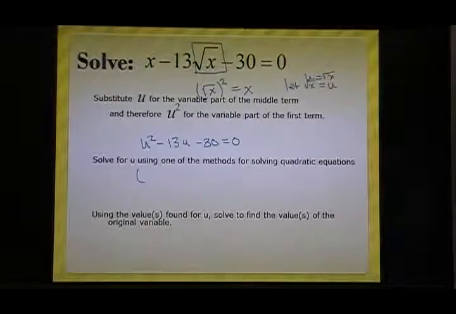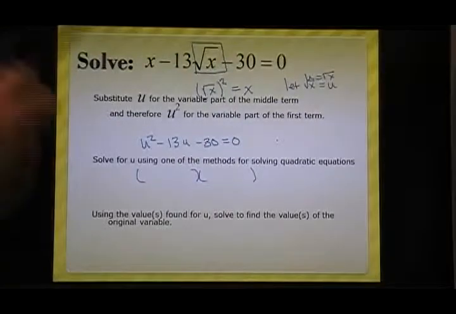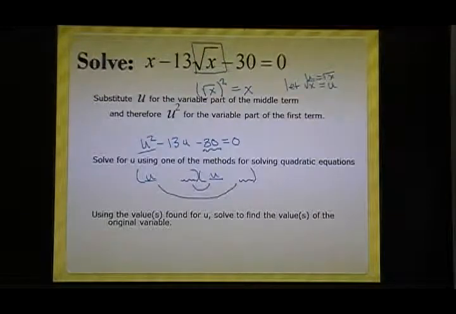Again, this is factorable. Don't make the mistake of thinking it should be 10 and 3. This is one of those that people mess up all the time. When you're doing your factorization, this guy times this guy has to equal u squared, so it has to be u and u. This times this has to be -30, and our inner and our outer have to add to -13u.